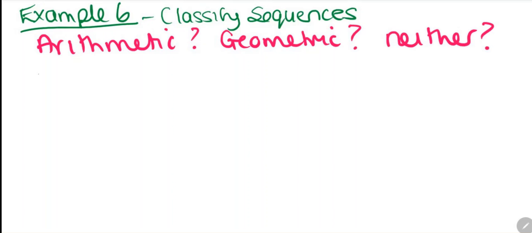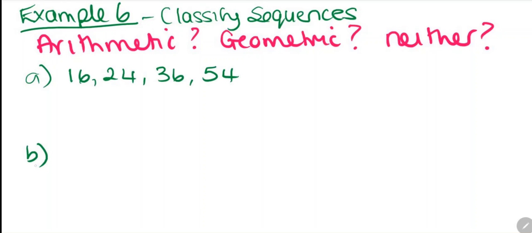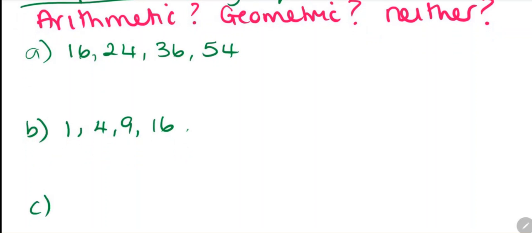So the first one is 16, 24, 36, and 54. The second one is 1, 4, 9, and 16. And then C, 23, 17, 11, and 5.